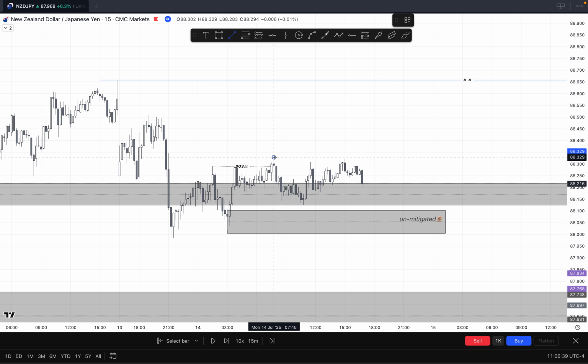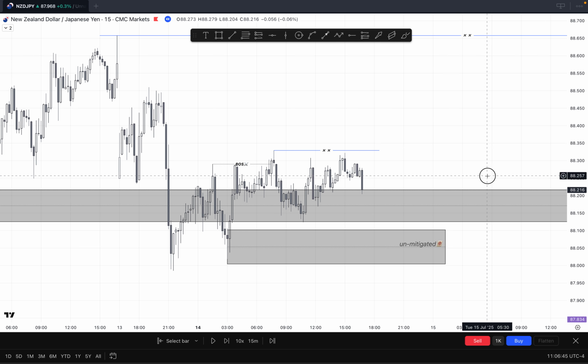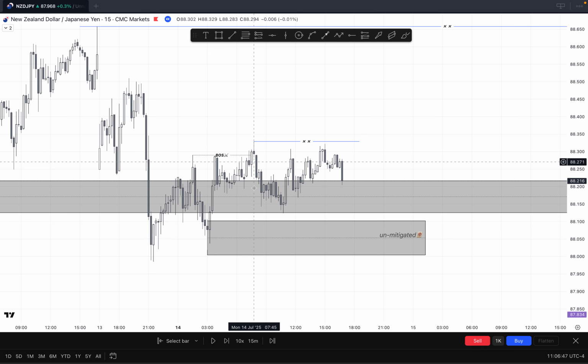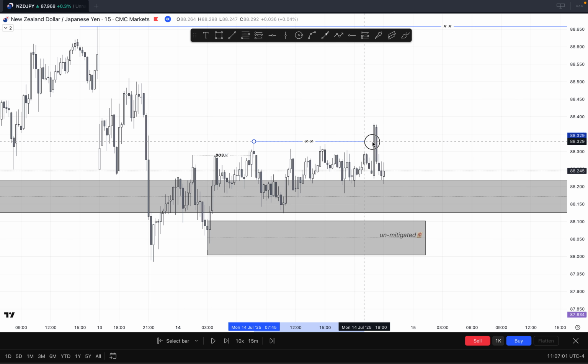It's a new 15-minute high. This is the breaker structure. Still expecting the market to get down here before going up. This is a breaker structure.